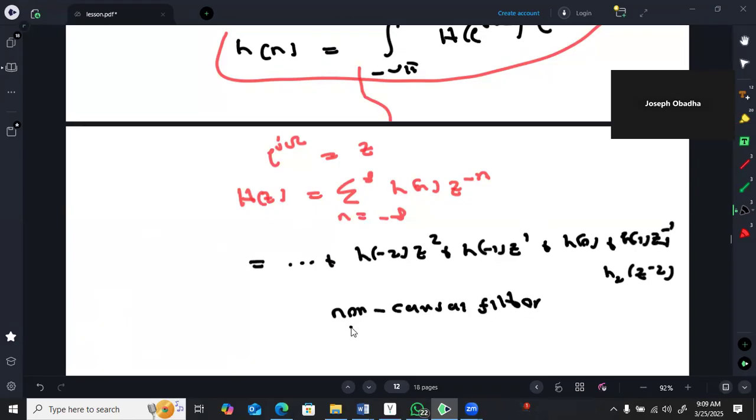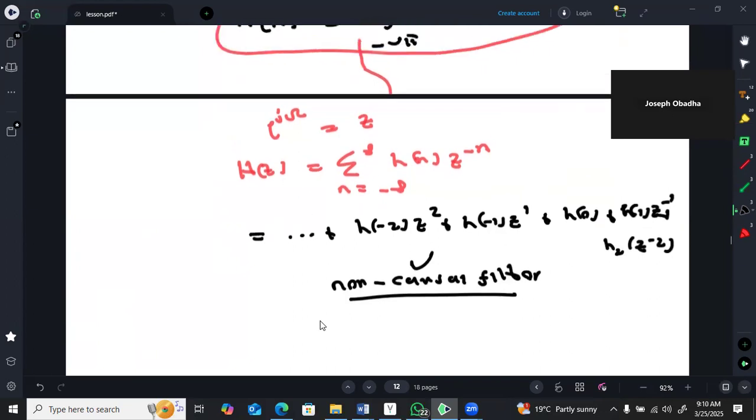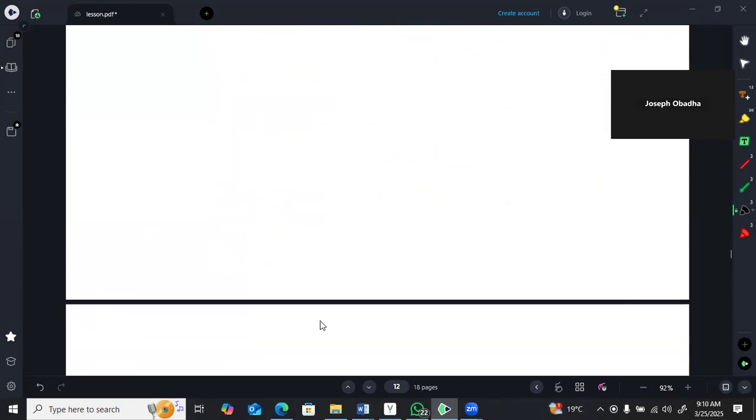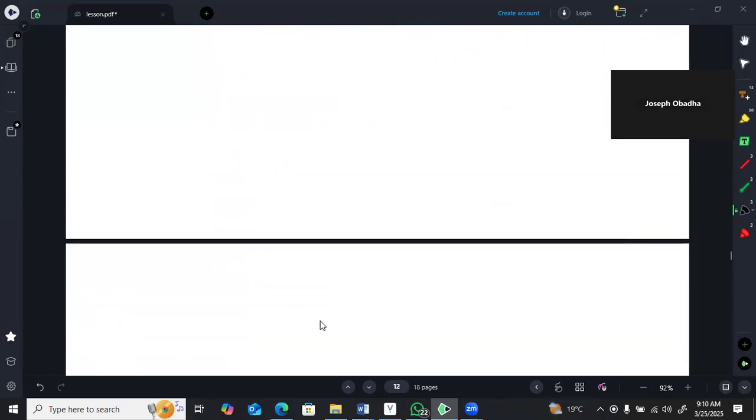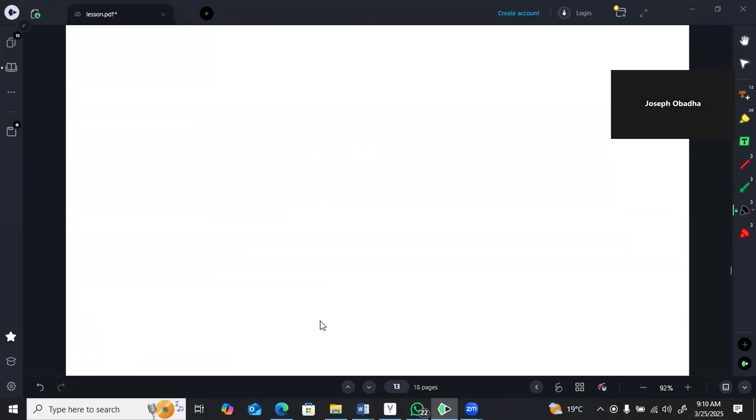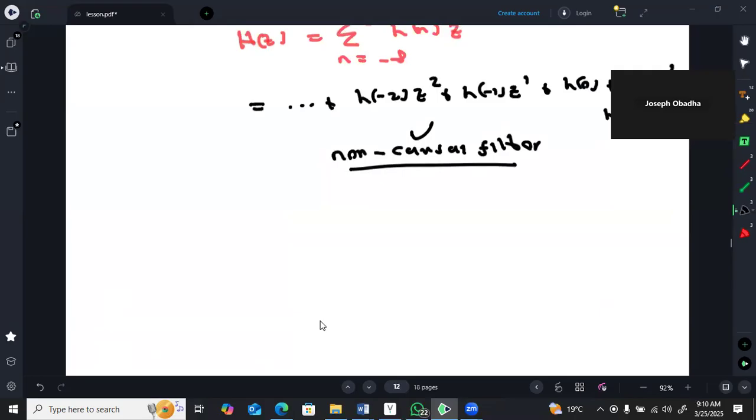It's non-causal in the sense that even during the negative time values, the system already has outputs. So when we finally design our filter, we have to see how to make adjustments for this, because the practical filter actually has to be a causal filter.